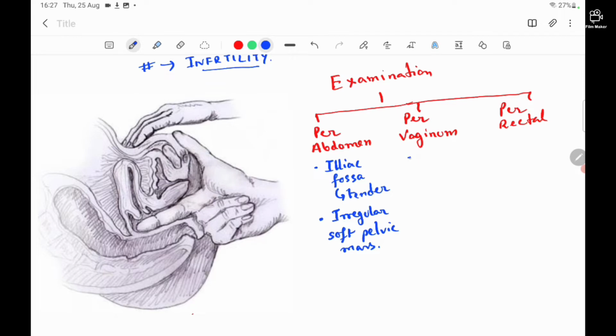Per vaginum, you should examine the parametrium, as I have already stressed, and the uterosacral ligament.